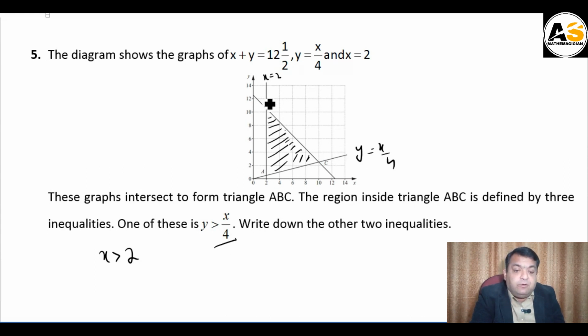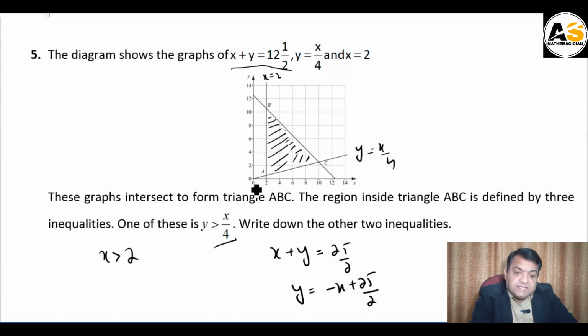So what will be the equation of this line? The only left equation is this. So the equation of this line will be x plus y is equal to 25 by 2, or y is equal to minus x plus 25 by 2. You see this line is falling, so its gradient is negative, minus 1 over here.